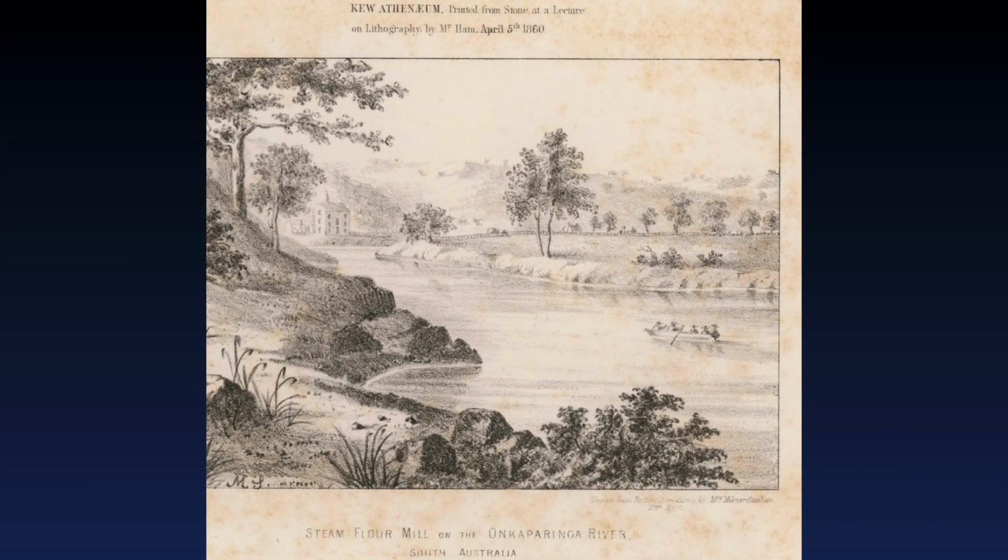The lithographer Ham, Q. Athenaeum, the study of the arts. The caption on this picture lost me by the river's description, the Okaparinga, which has translations to mean oka, onka, clean, white, or paringa, dirty, greasy, or like a prick.